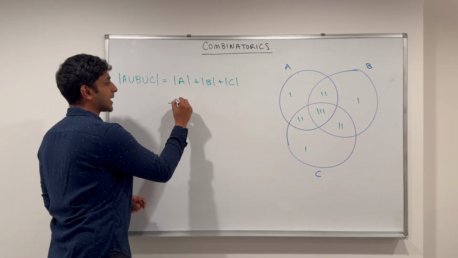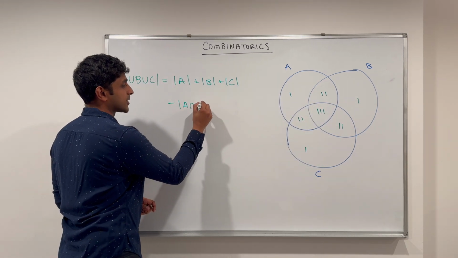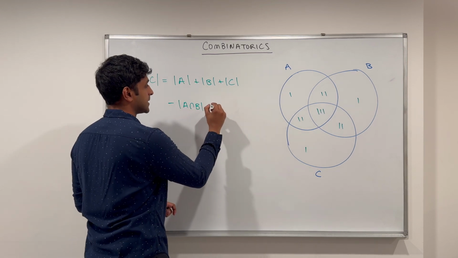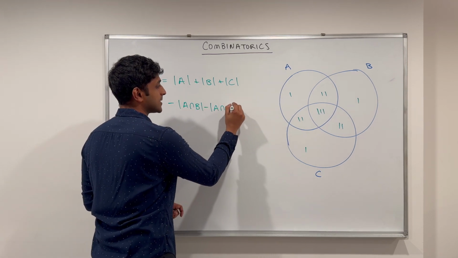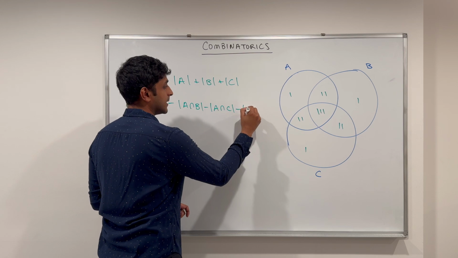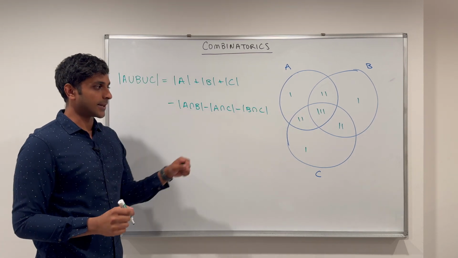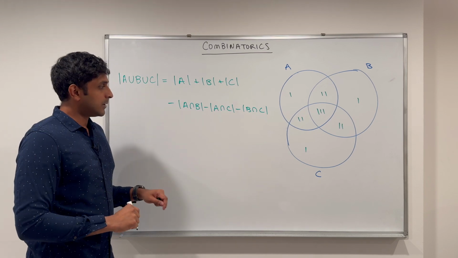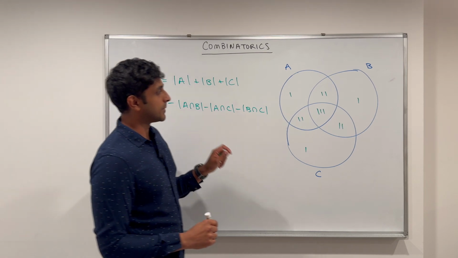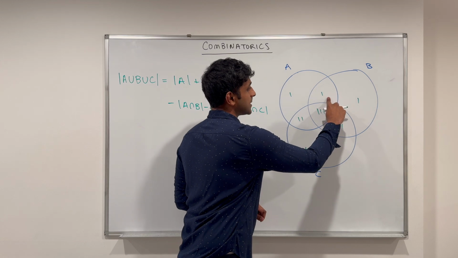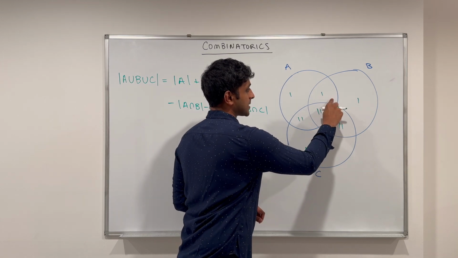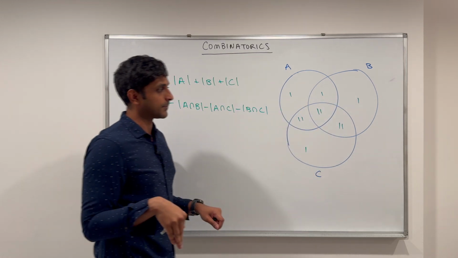So we can subtract the size of A intersection B, we can subtract the size of A intersection C, and subtract the size of B intersection C. And now, what are the consequences that it has on our count? Well, if you subtract A intersection B, we're taking 1 away from this piece and 1 away from this piece, which is good, because we want to bring them down.